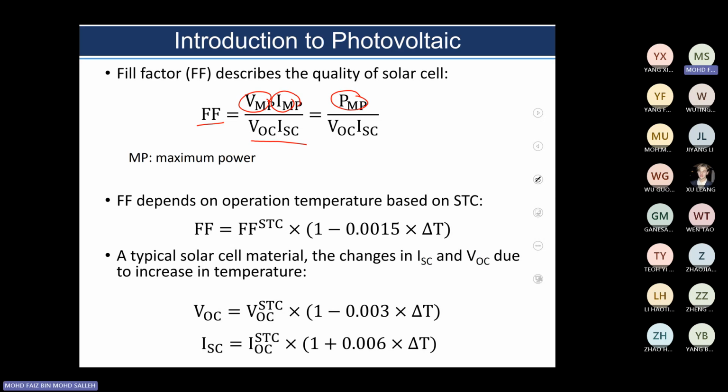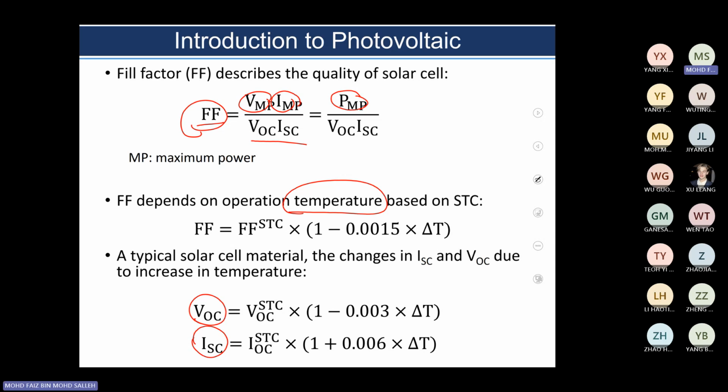This FF, fill factor, will also be influenced by the temperature. Same goes for the VOC and ISC. That's why if you do some literature review related to solar cell development, one of the problems is temperature.